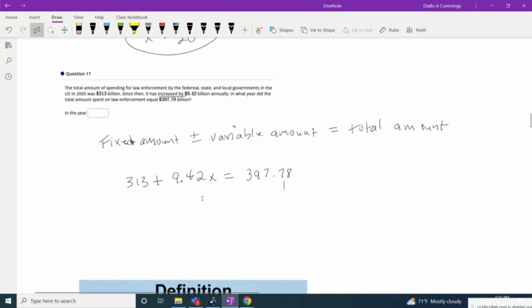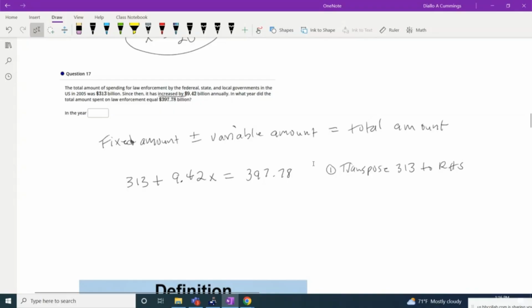I don't have any fractions. I don't have any parentheses. I don't have any like terms on both sides. So my first step here would be to transpose that 313 billion to the right-hand side.